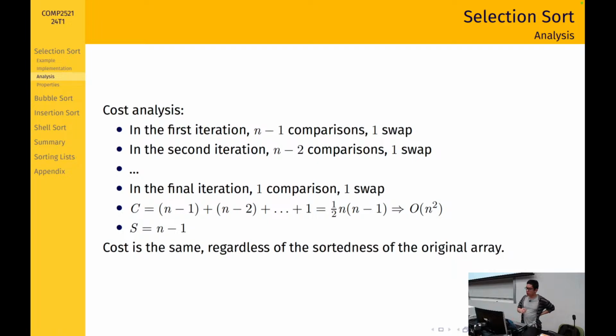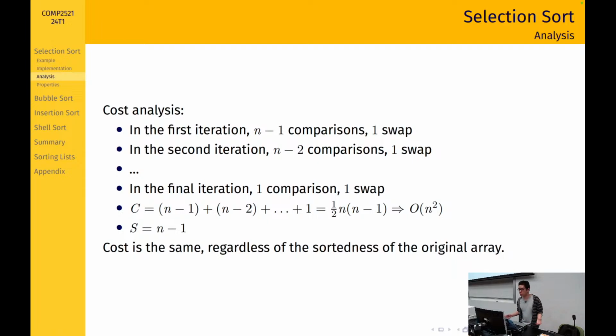In the first iteration, where we're looking for the smallest element in the array, that's going to take n-1 comparisons, because we take the first item and compare it with the rest of the items. If we find a smaller item, then we take that as our minimum item, and then we compare it with the rest.